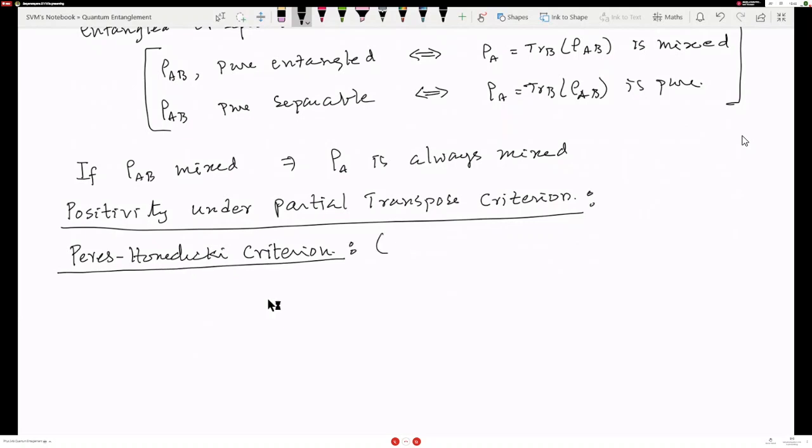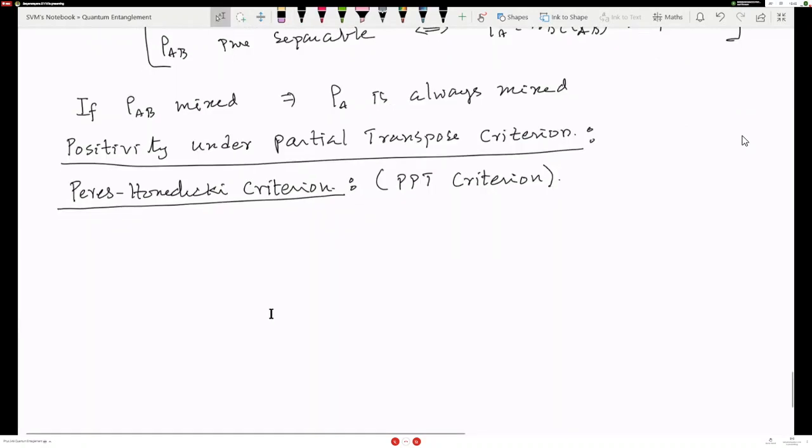It is also called the PPT criterion. Okay. First, I will tell you what this criterion is, and then I will tell you the limited applicability of this criterion.